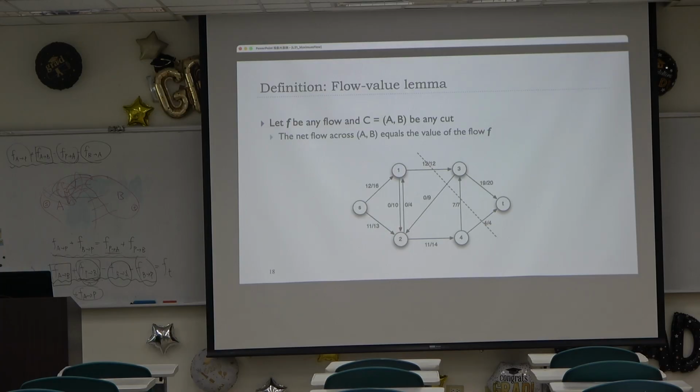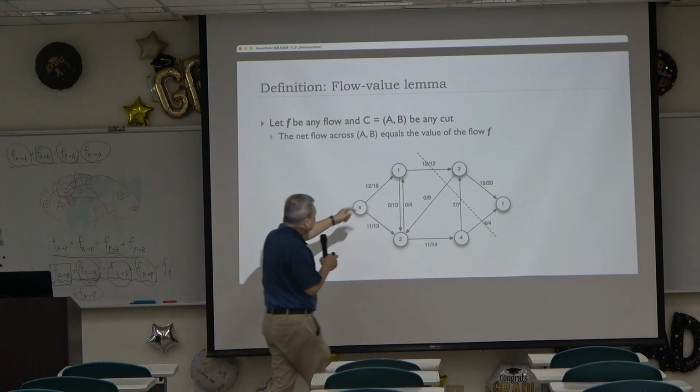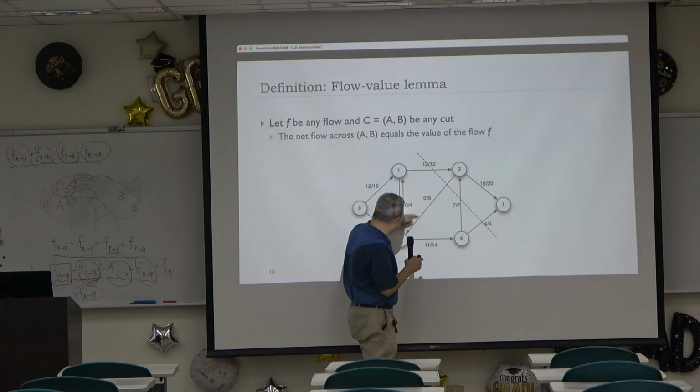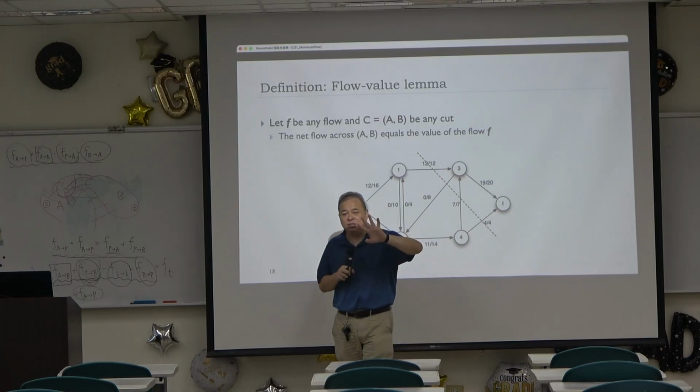In other words, it must contain one edge in between these two sets, right? So you can see that, for example, in this cut, we have pretty much 4 different edges, right? This one, this one, this one, and this one. We have 4 different edges.